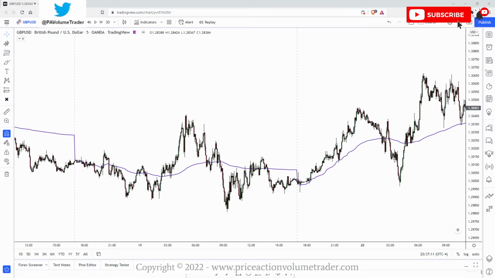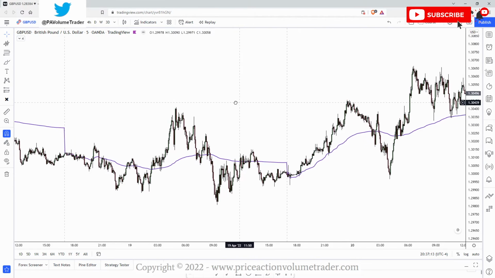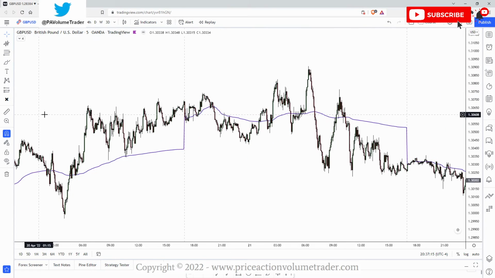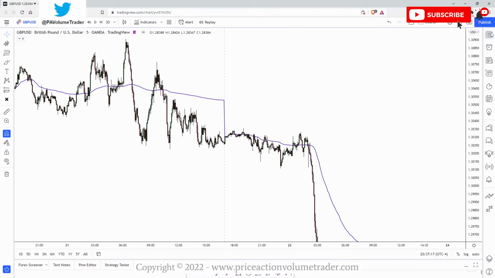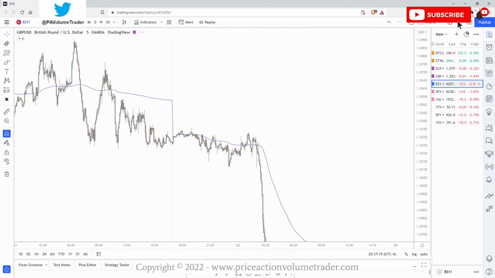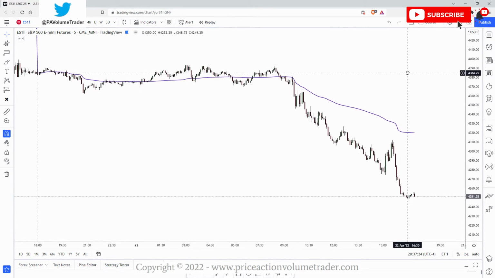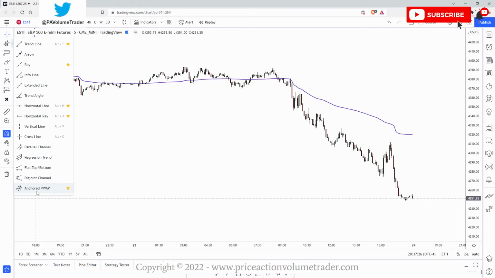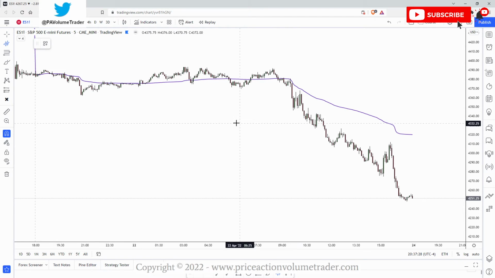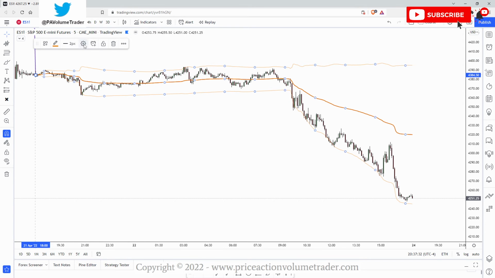In futures on TradingView, unfortunately, you cannot split VWAP when it comes to sessions. What I like to do on TradingView, specifically for futures, is I'll take their anchor VWAP tool, and you can see here, this is the start of the evening session right there.